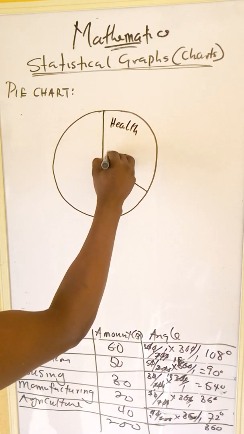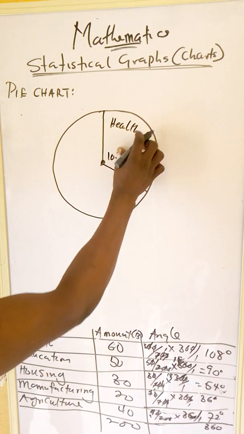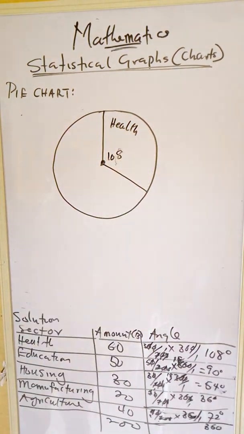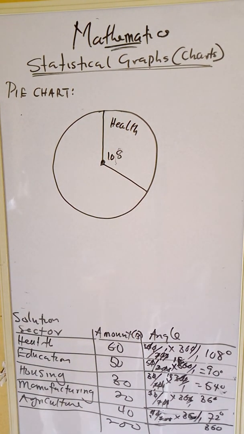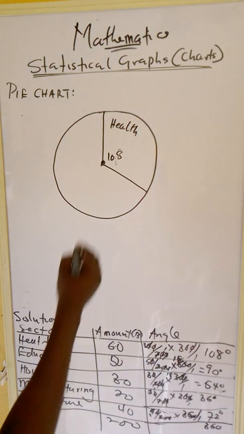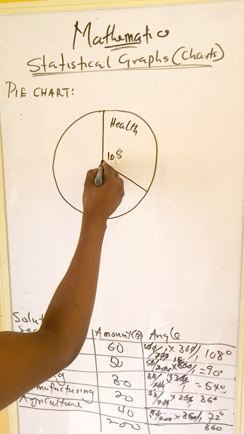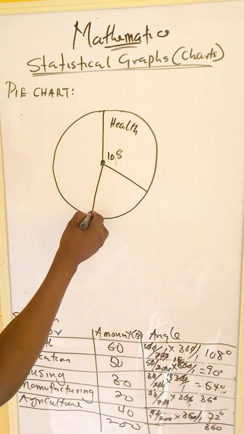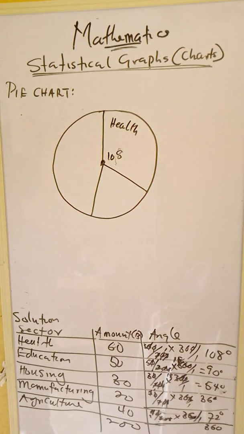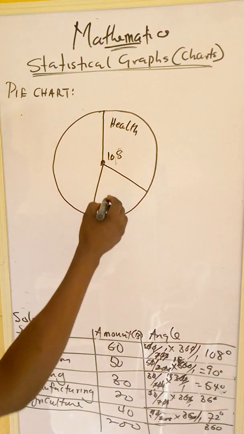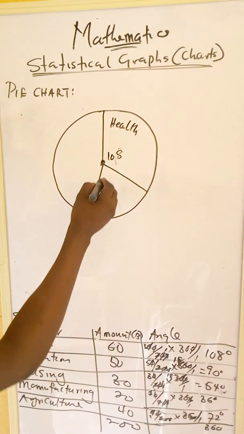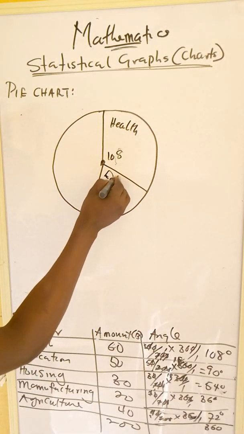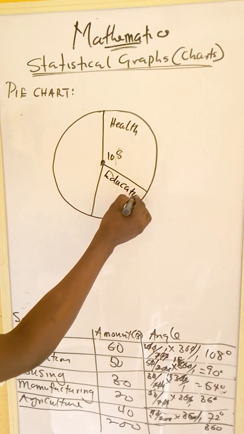Sorry, 108. Followed by 90, and 90 is education.